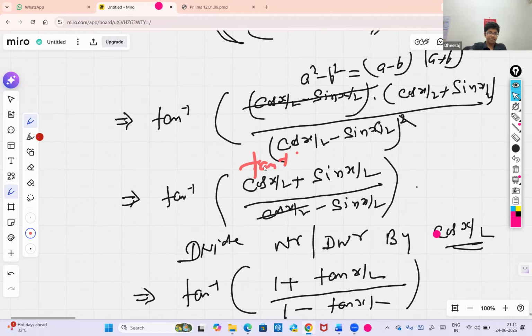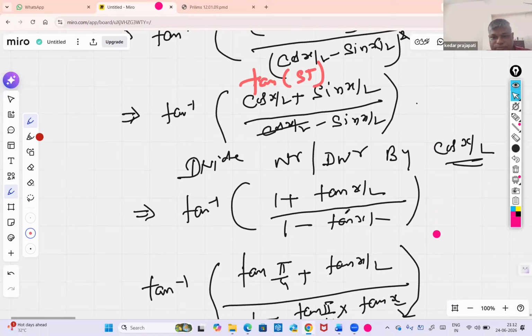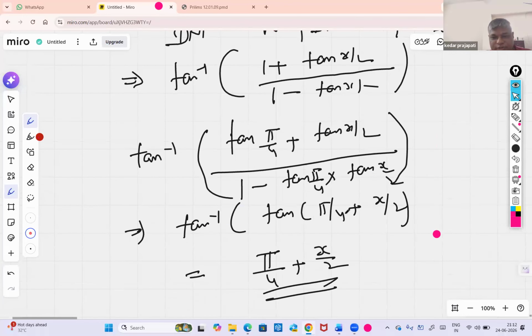If the entire term is tan of something, then only tan and tan inverse will get cancelled. So for that, I divided by cos x by 2.